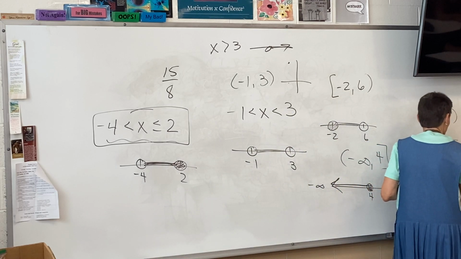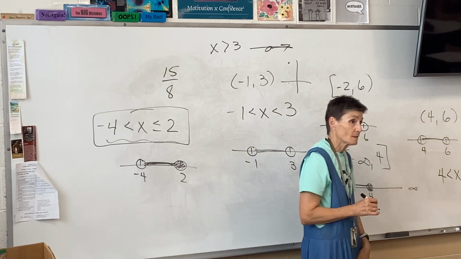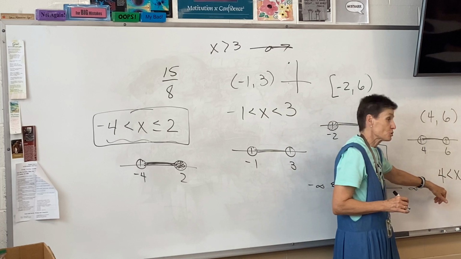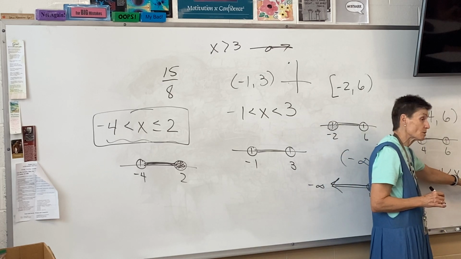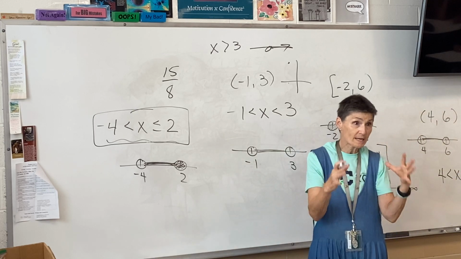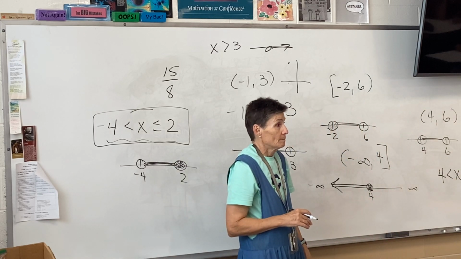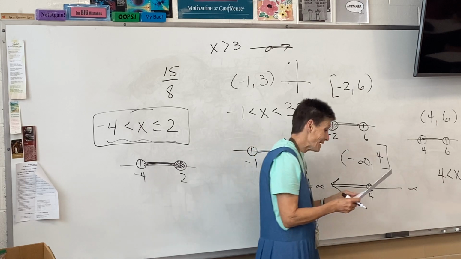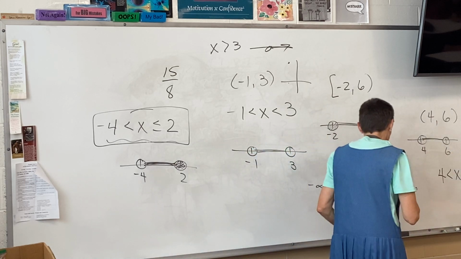All the symbols are gonna be less than, because you're putting them in order. So 4 is gonna be less than 6, or 4 is gonna be less than X, which is gonna be less than 6. They're gonna go in order. Perfect, beautiful. All right, try B on your own.